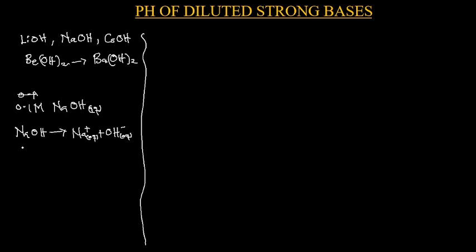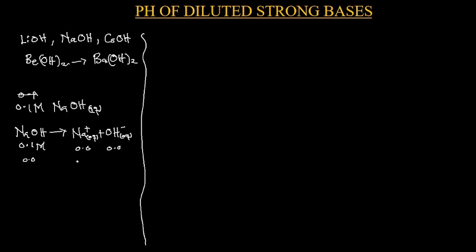So initially we're going to be having 0.1 molar sodium hydroxide. At that time, we won't be having any sodium plus in solution or OH minus. So we say 0.0 initially. Then the final concentration after everything is dissociated is going to be 0.0 for sodium hydroxide because we are not going to have any of that in solution, but the ions.